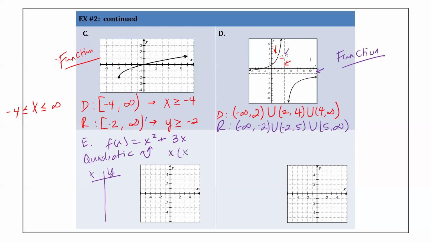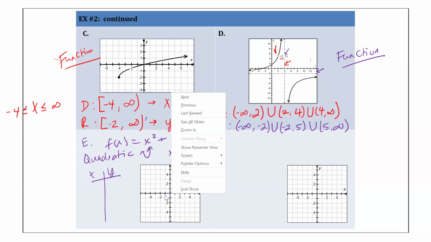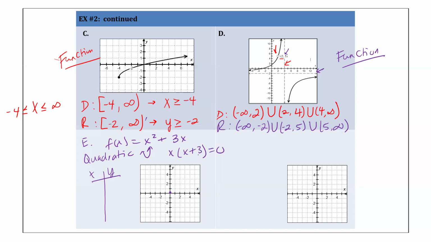So you factor out x and you're left with x plus 3. And if you set this equal to 0, you know where your x-intercepts are. So x equals 0 means that you have an x-intercept at 0. And x plus 3 equals 0. What would x have to be in order for this to equal 0? -3. So your other 0 is at -3.